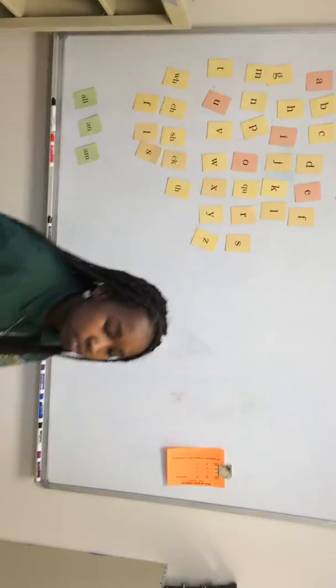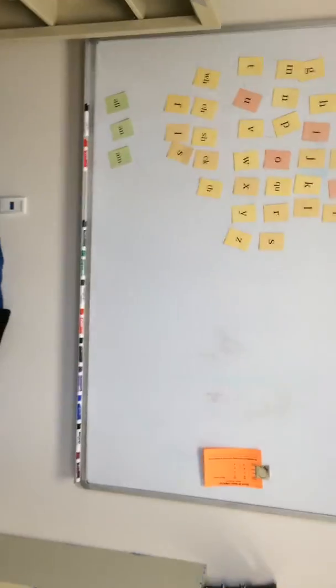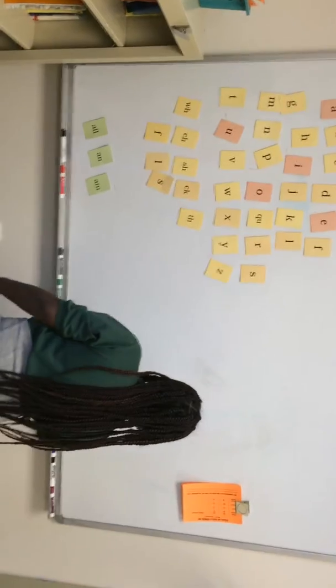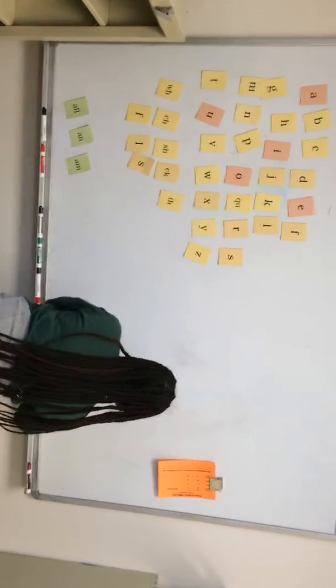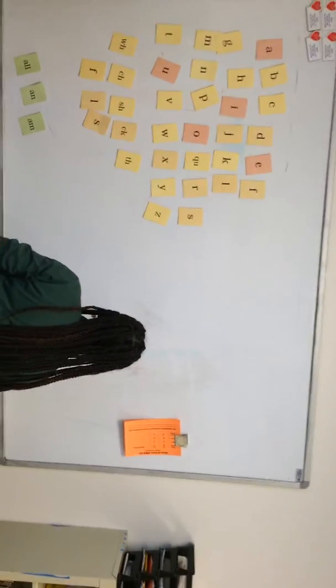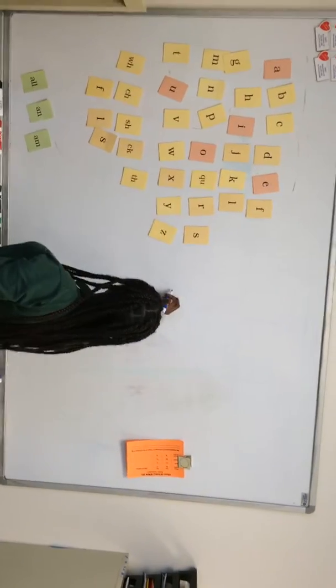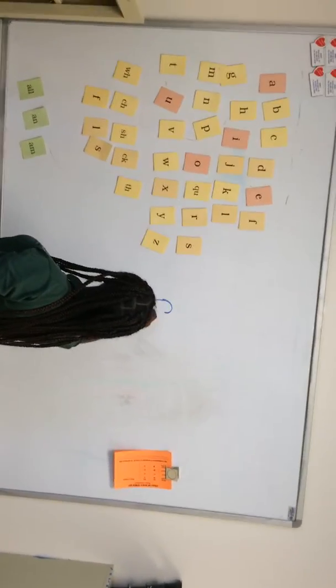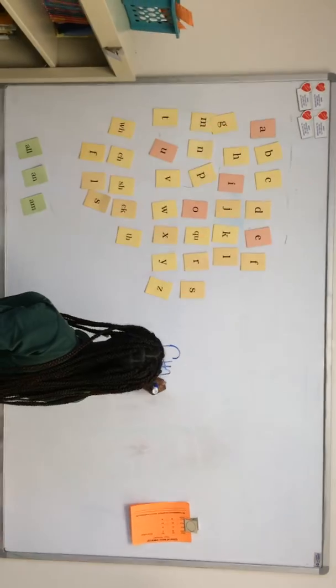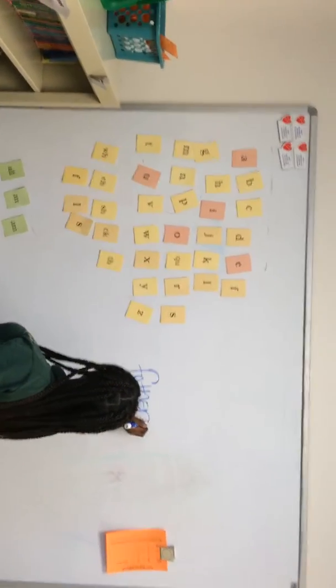We are now doing the high frequency words. Angela, I want you to just pick up a marker. Can you write the word father for me, please? Father. Yes. Can you write the word mother?